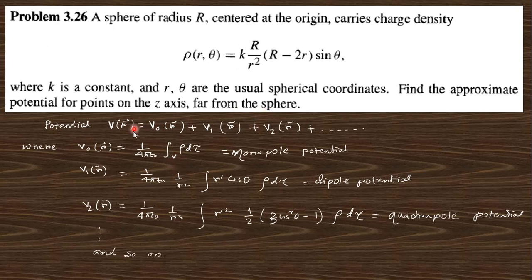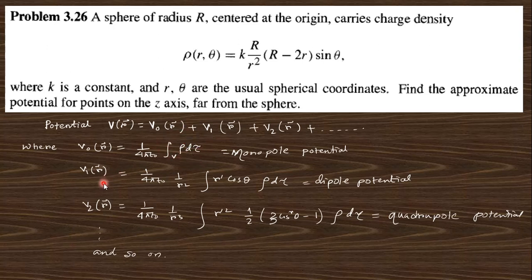You know from the multipole expansion that the potential at any point consists of the potential due to the monopole, the dipole, the quadrupole, the octupole, and so on. The monopole potential is 1 by 4 pi epsilon naught times the integral of rho d tau, the total charge.